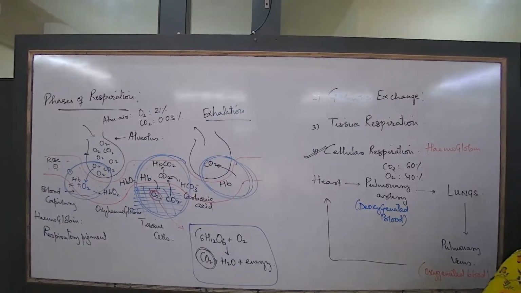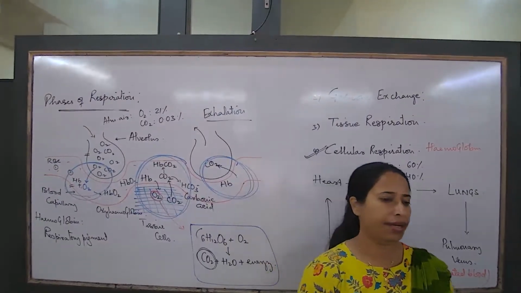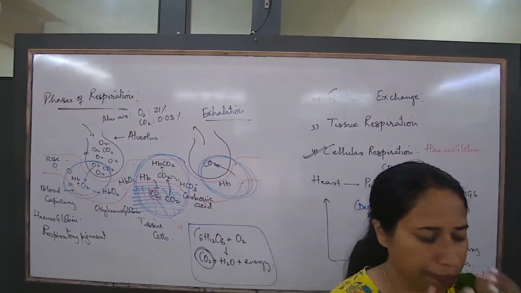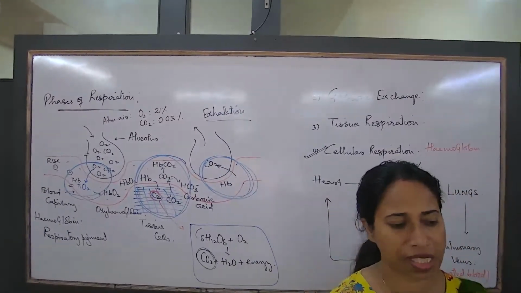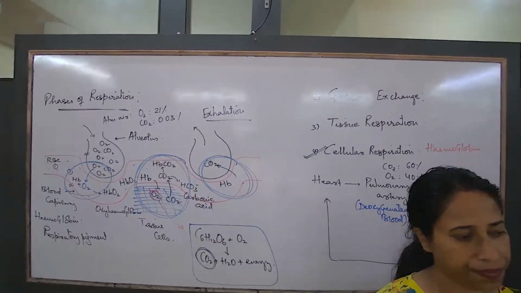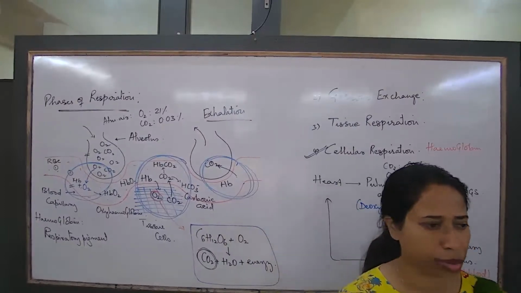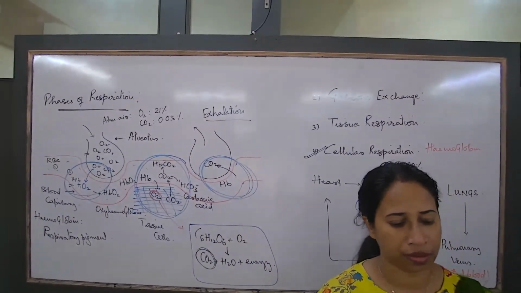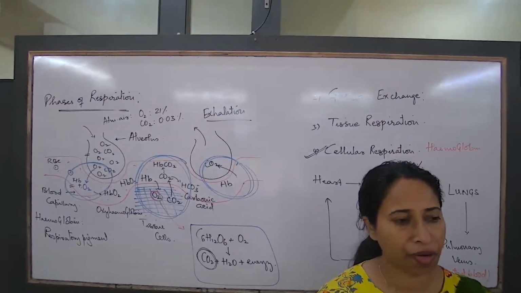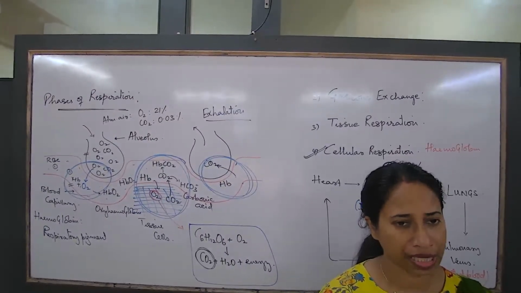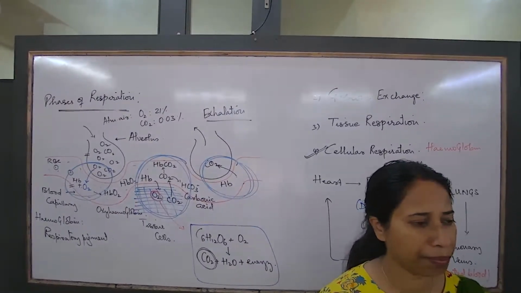Name the respiratory pigment present in the blood. Keep 1 line for the answer. Go to number 2.